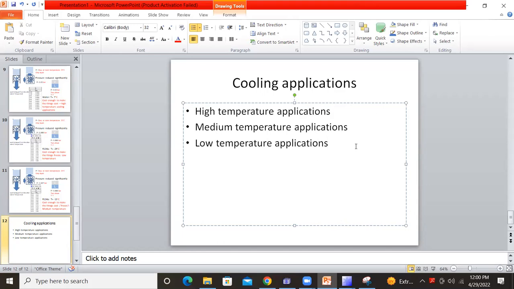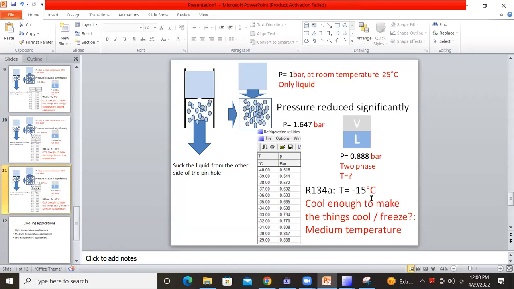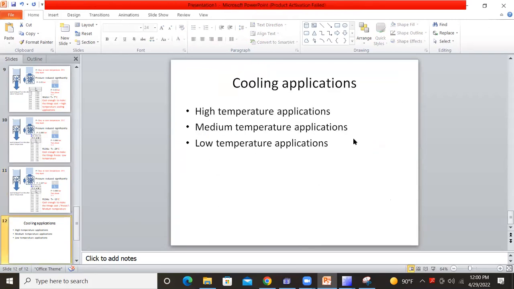Okay. And now let's say in our example, low temperature is minus 29 here. The pressure is 0.888 bar, low temperature.